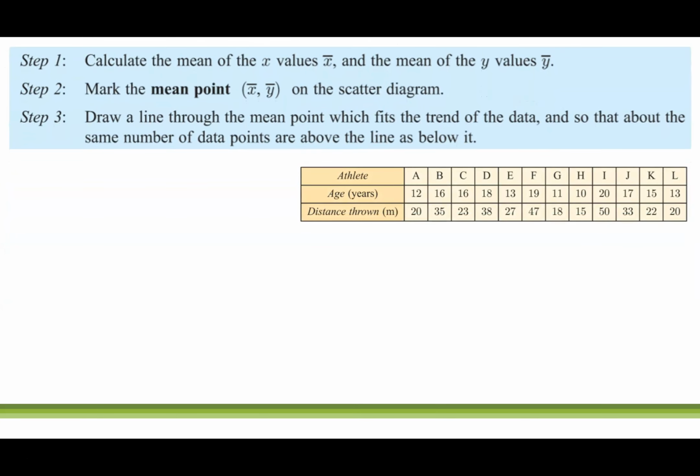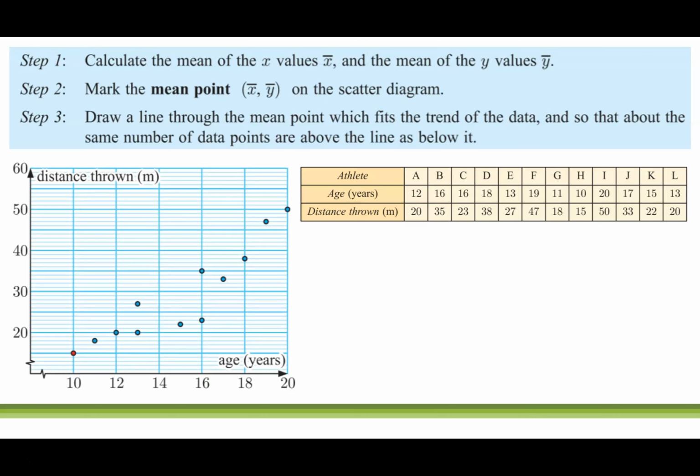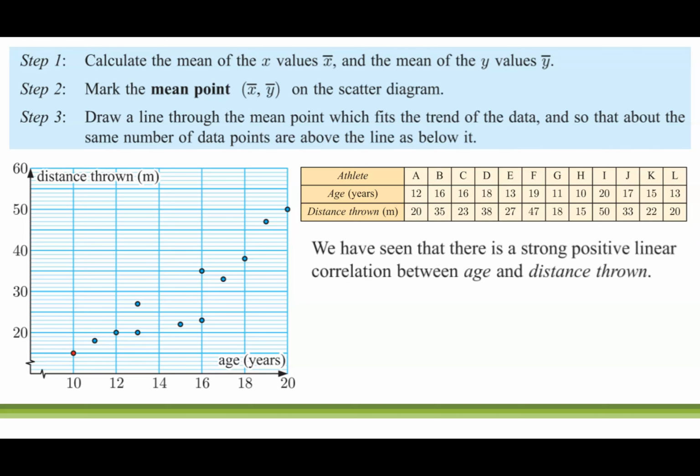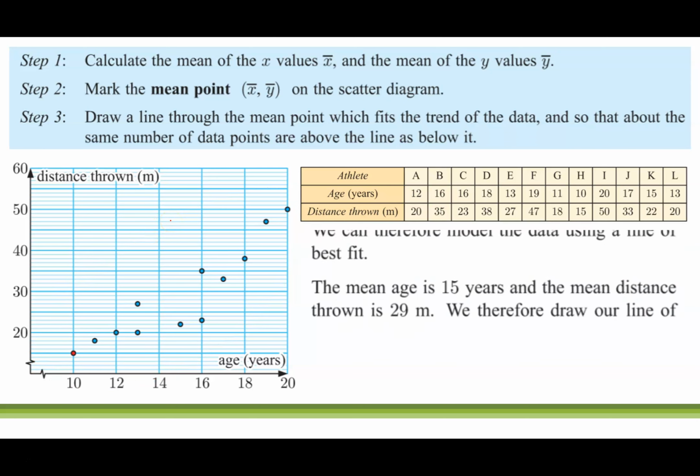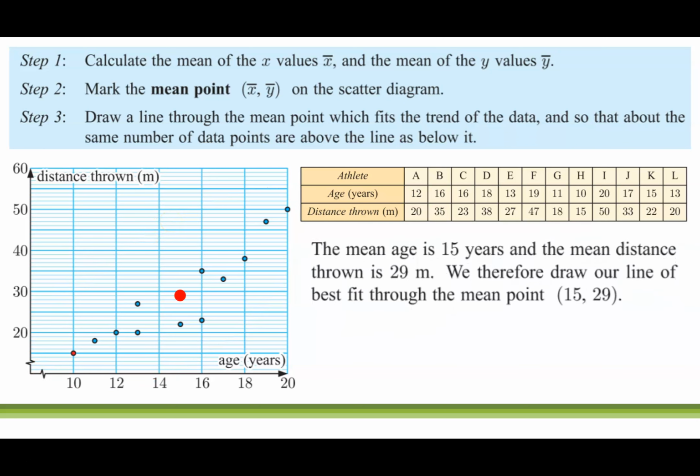Now, if I take a look at our recurring example about the young athlete discus throwers, I'll go ahead and put that graph back in here. What I could do is find out the mean point, or the average age and the average distance thrown, and add that to our series of data. From there, you can see that the mean of the ages is 15 and the average distance thrown is 29.